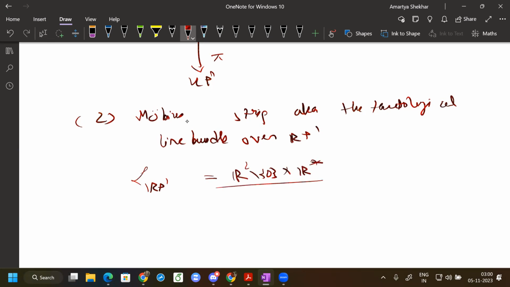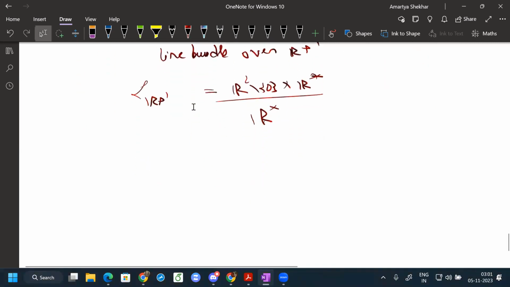This is like R equipped with the right action of R of the units. So it is basically like the blow up of the origin. Yeah, let's write it.